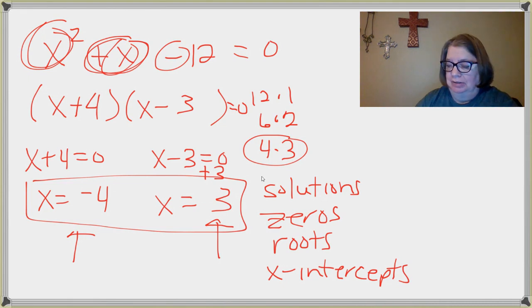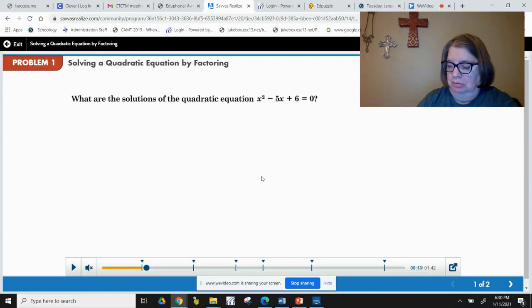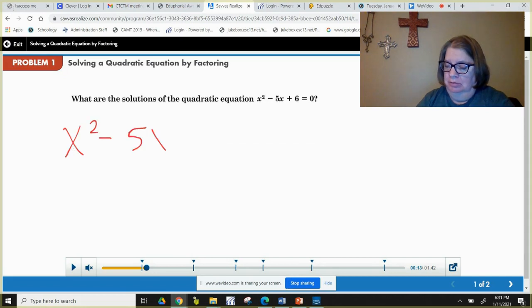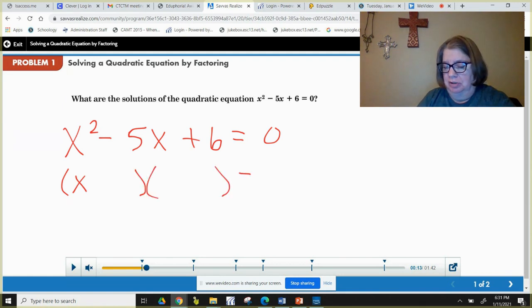Let's look at some more examples. This one says, what are the solutions of the quadratic equation x squared minus 5x plus 6 equals 0? First thing we're going to do is factor. I have 3 terms, no greatest common factor. My leading coefficient is a 1, so I can go straight to the parentheses.